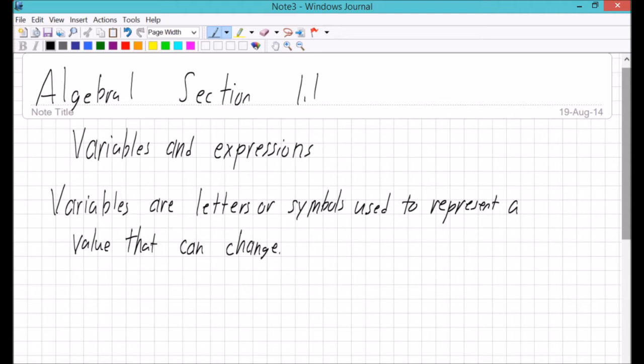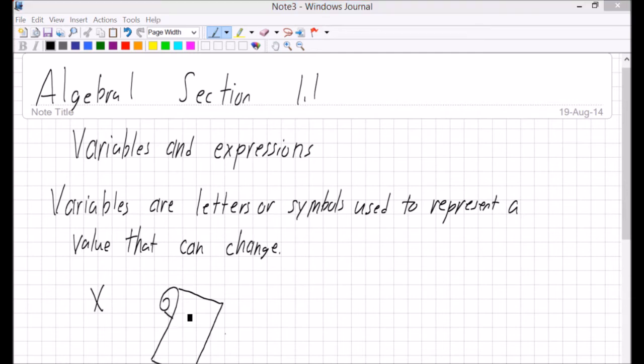One of the most common variables that we see is the letter X. Of course, this comes from the olden days when there were pirates going around the Caribbean searching for hidden treasure, and they would have a treasure map. And in their treasure map, they would have a picture, probably something that looks like Alaska, because I love Alaska. And then they would have a big X, because X marks the spot.